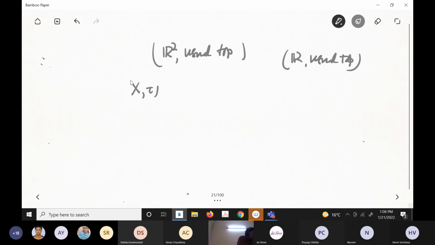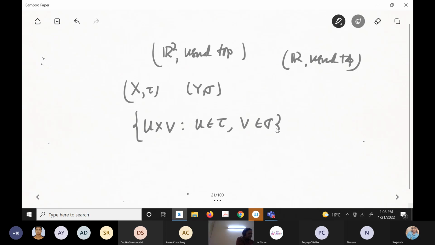Suppose you have (X, tau) and (Y, sigma). Now you take U cross V, this collection, all of them subsets of X cross Y. Will it give you a topology on this? No, it won't give you a topology, but it will be a base for a topology.